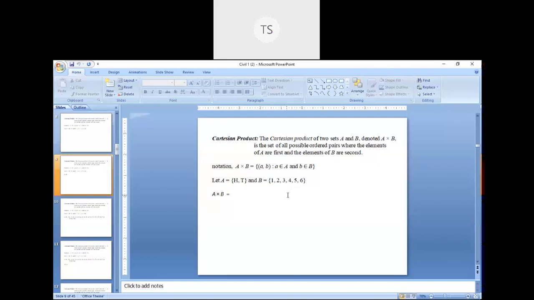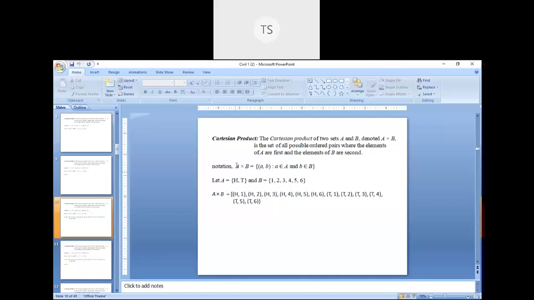Now see, the Cartesian product is A cross B. By this definition, the elements of this Cartesian product are like, here I have written H1, H2, H3, H4, H5, H6. You may think why H1, H2, H3. Now, let's go to our definition.